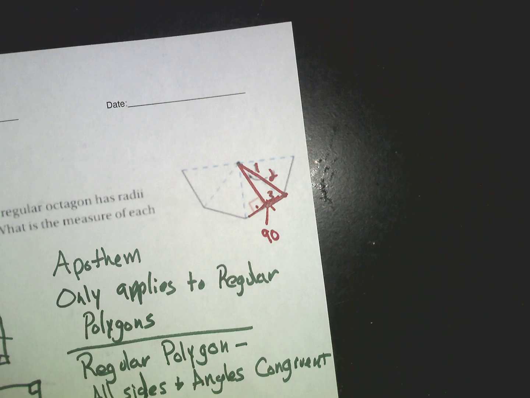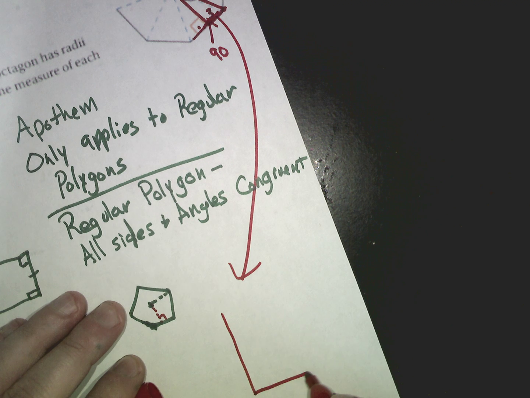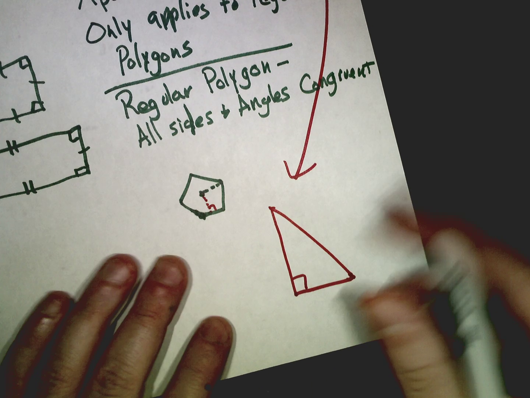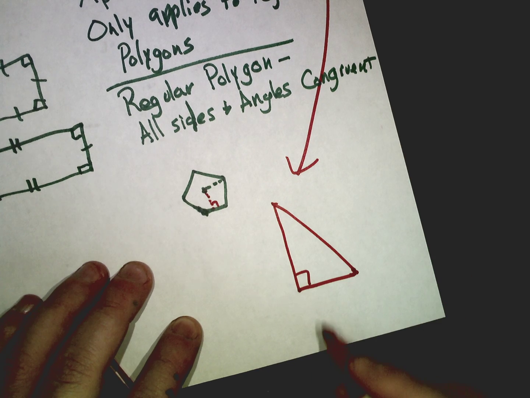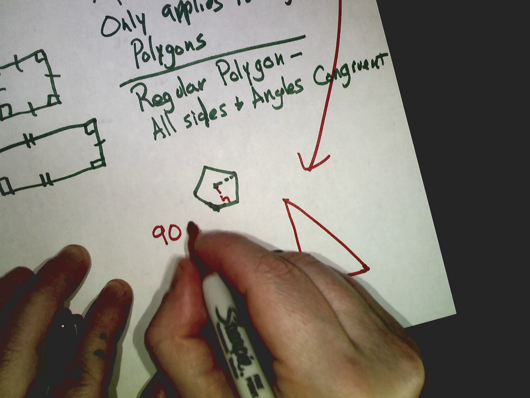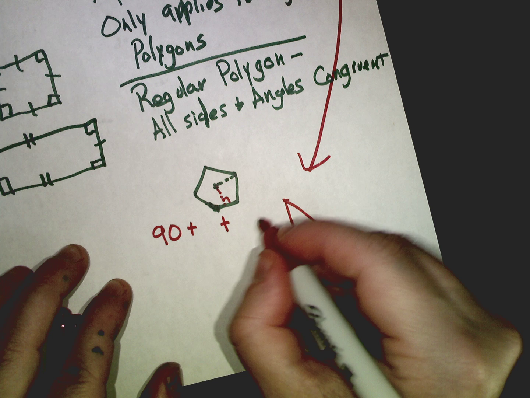So I'm going to pull out my triangle. It looks something like this. Now, if this is 90 degrees, I know the rest add up to 180. So it's going to be 90 plus something plus another something equals 180.